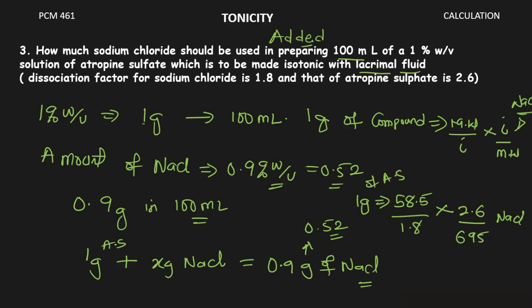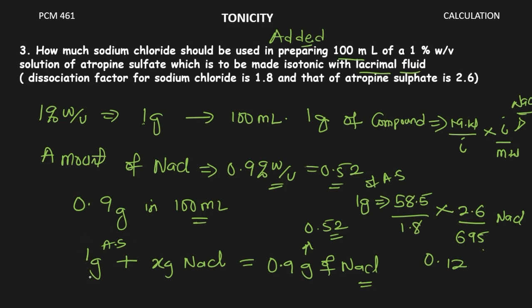Did it give us 0.12? 0.121, which is approximately 0.12. Is that okay? What that means is that 1 gram of atropine sulfate that will give us an isotonic solution is equivalent to 0.12 gram of sodium chloride that will give us the same isotonic solution. Do you get it now?